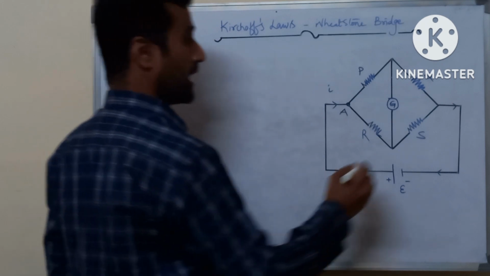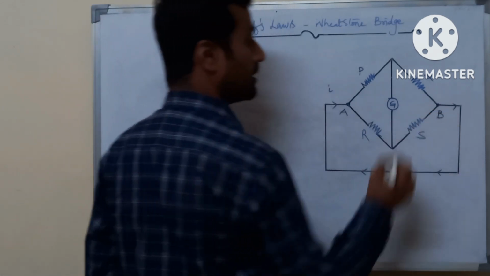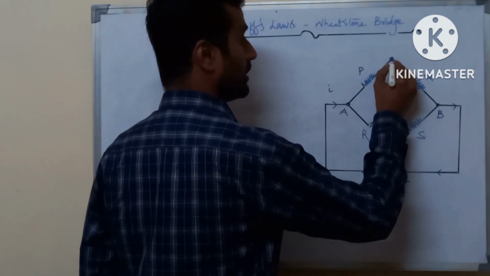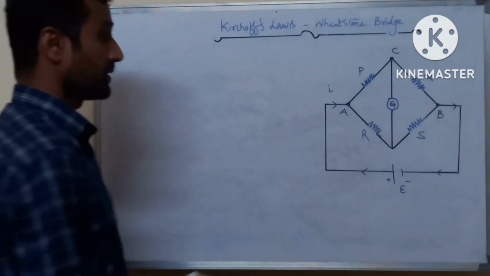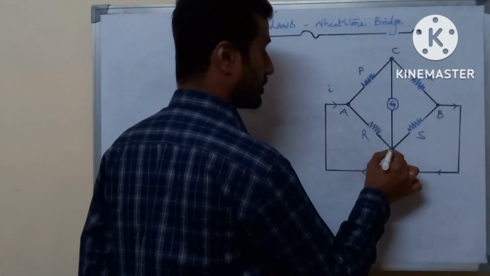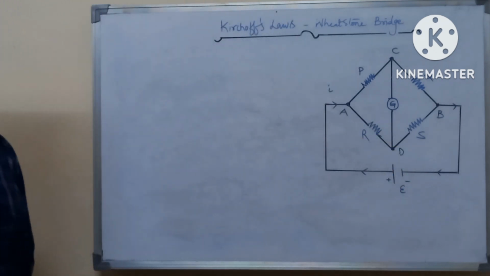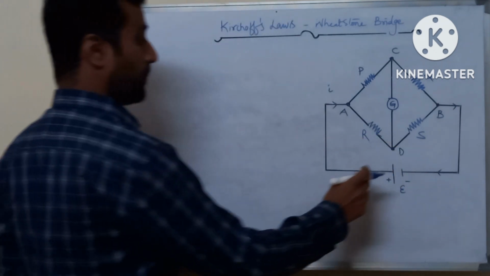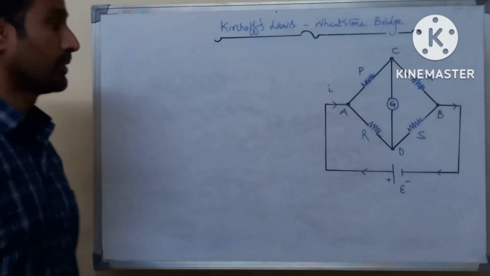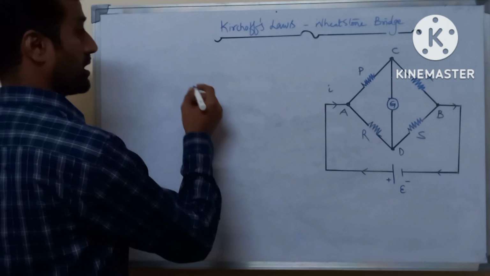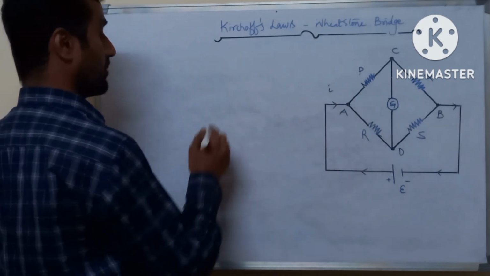Junction 1 is A, junction 2 is B, junction 3 is C, and finally the 4th junction is D. The current passing through the circuit is I. So let us write down the components in a Wheatstone bridge.